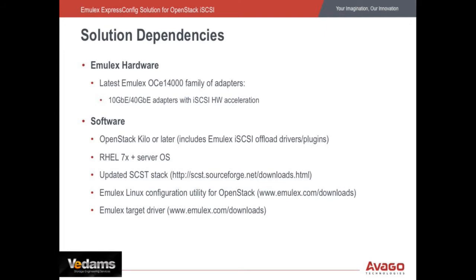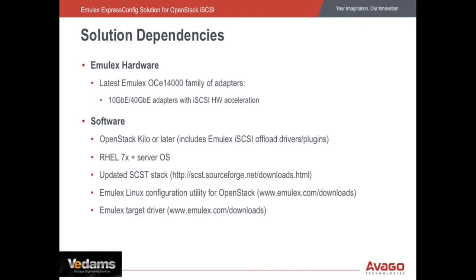This will all be installed on the Cinder node. You would need the OpenStack Kilo release because that has the support for the SCST Cinder helper driver, and also it has all kinds of iSCSI drivers, SCST drivers and plugins required for it. This solution was validated and tested on a Red Hat 7.x Enterprise Linux operating system.